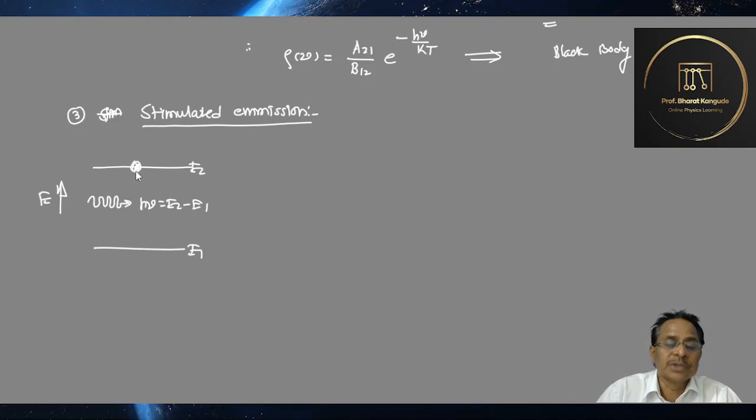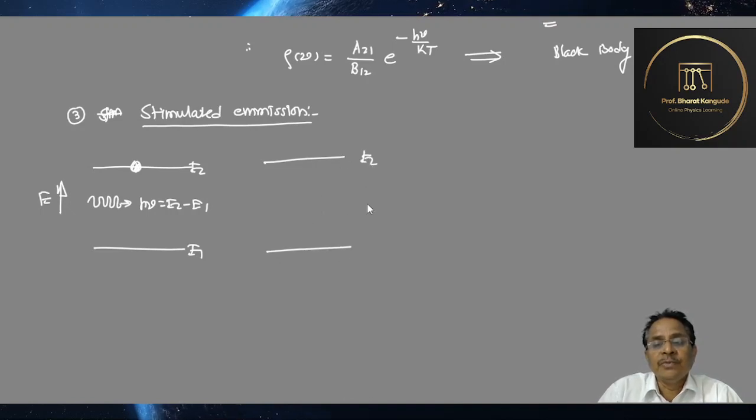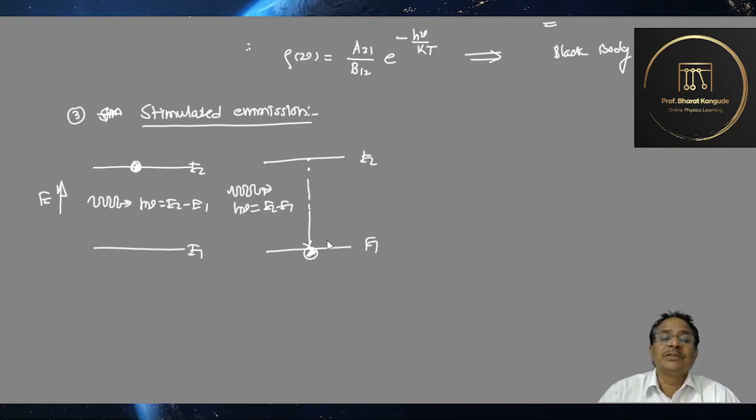This is the absorption that has occurred, and now I am allowing this atom to come down from E2 to E1 by the process of another incident photon. This photon again has exactly h nu equal to E2 minus E1, and this time the atom comes down to the ground state, which is called the first energy state E1.